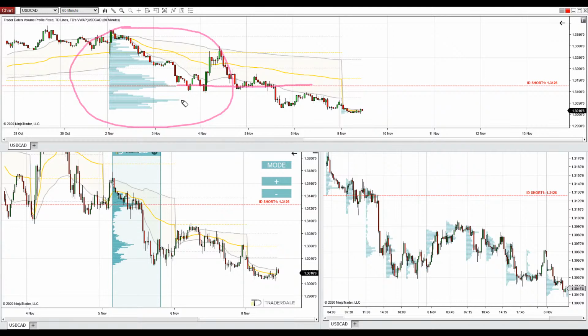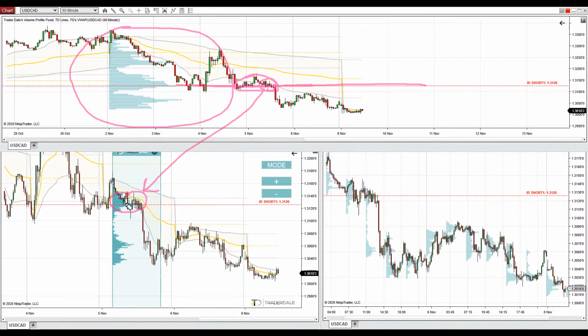The weekly point of control is in here, but second to that there's this area, heavy volume area, and most of those volumes were accumulated in this rotation, and also heavy volumes were accumulated in here. You can see that section right there.